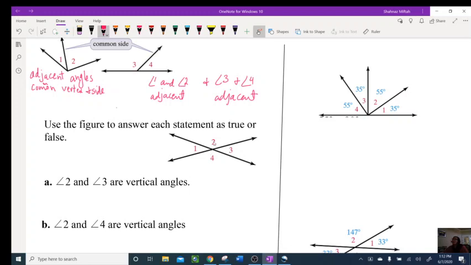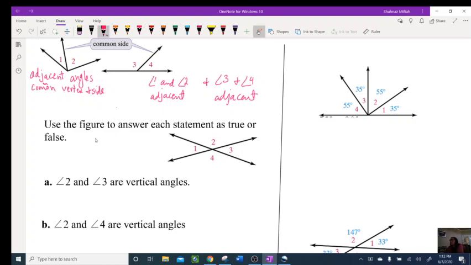So if I say angle 2 and 4, they are vertical angles because their sides are making two opposite rays, and they are opposite of each other. Do you see that? So 1 and 3 are vertical angles, 2 and 4 are vertical angles.